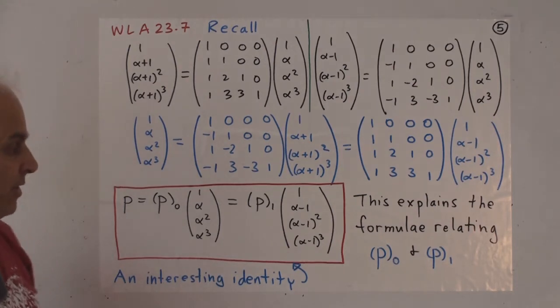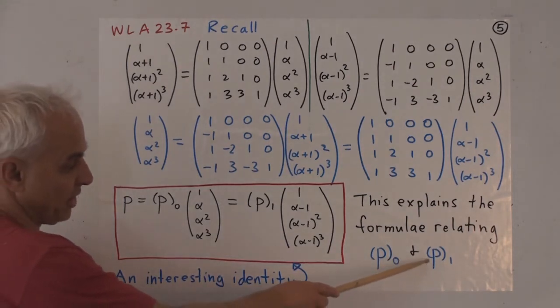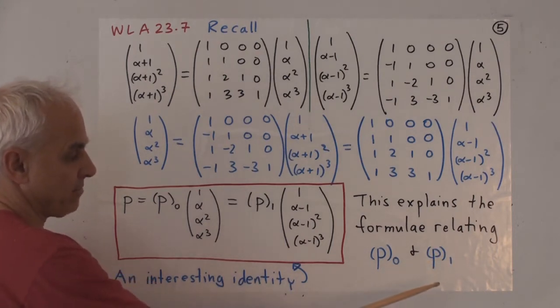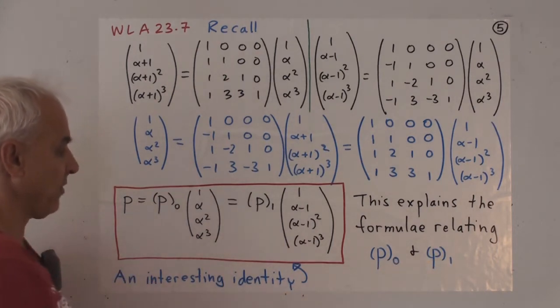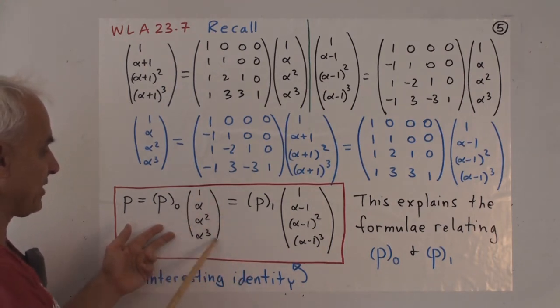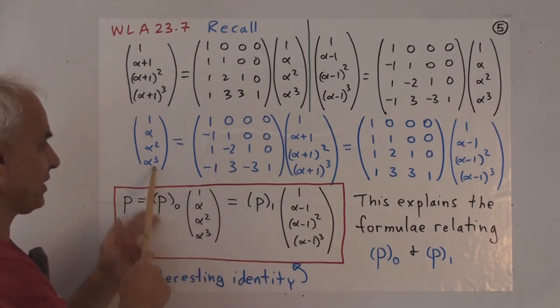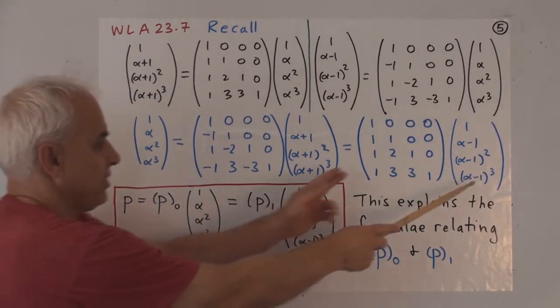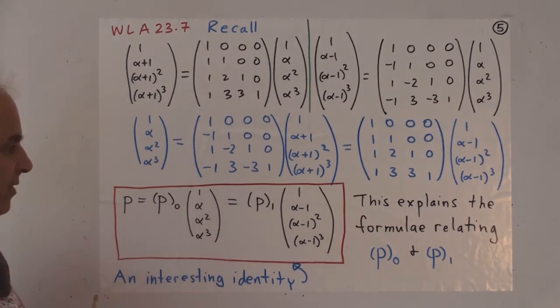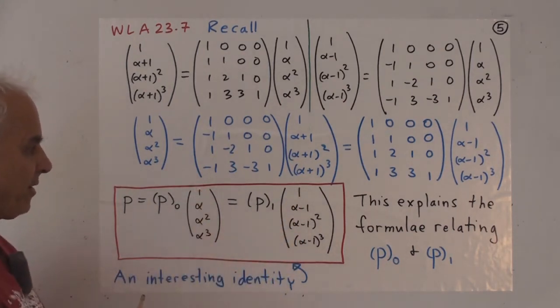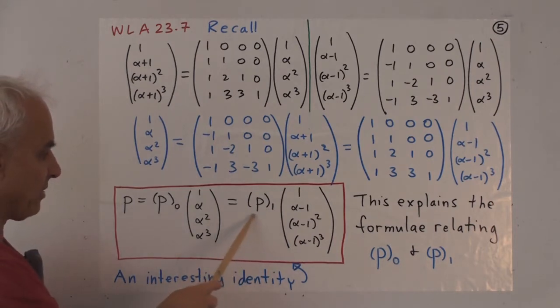So now if we want to understand the relationship between the coefficient vector p sub 1 and the coefficient vector p sub 0, from this equation, suppose we just replace this vector here, according to this formula, with this thing here. So imagine just putting this thing over here where that one is. Then the two right-hand sides agree. They're both the same as this one. And then we have p sub 1 over here.